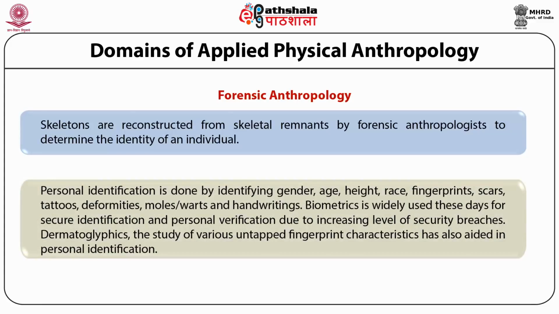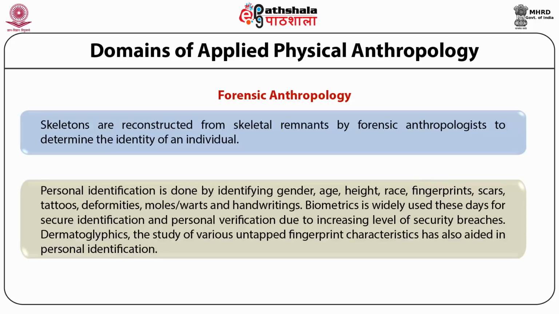Personal identification is done by identifying gender, age, height, race, fingerprint, scars, tattoos, deformities, moles, and handwriting. Biometrics is widely used these days for secure identification and personal verification due to the increasing level of security breaches.